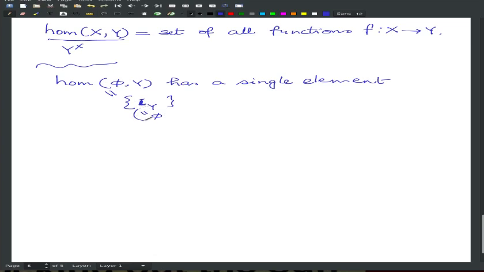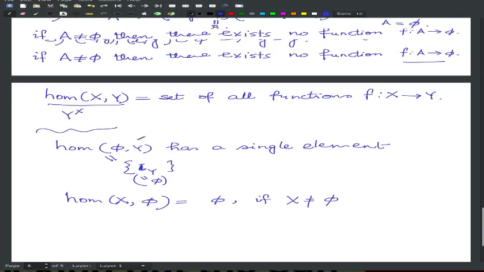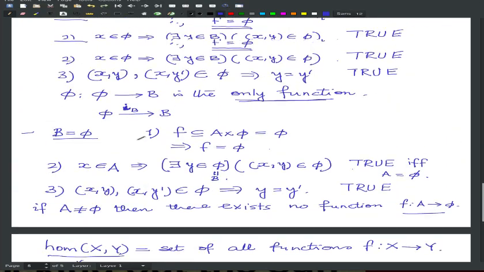As a set, this bold I_Y is the empty set. We know that. And we have also shown that this set, the other way around, is empty if X is non-empty. Okay? So that's what we have shown so far.